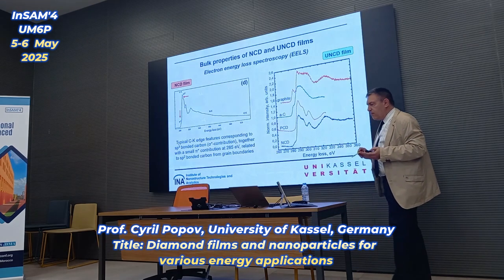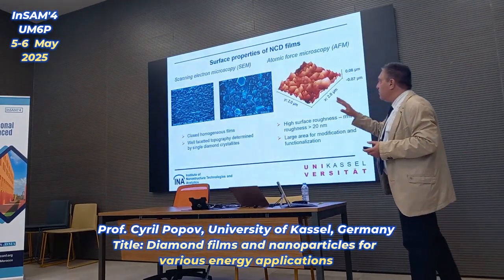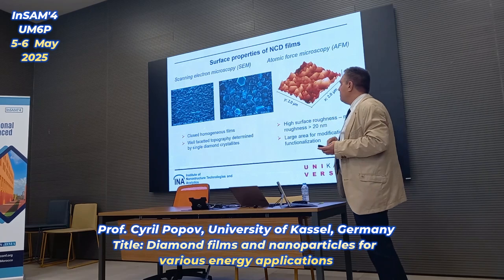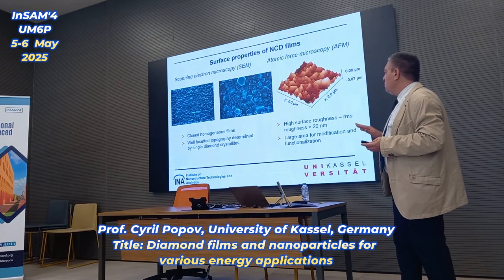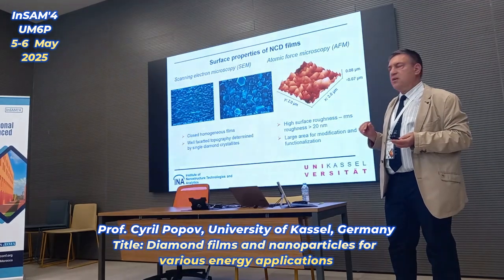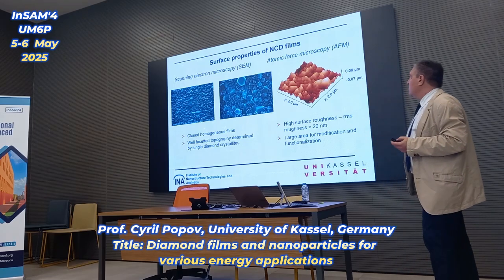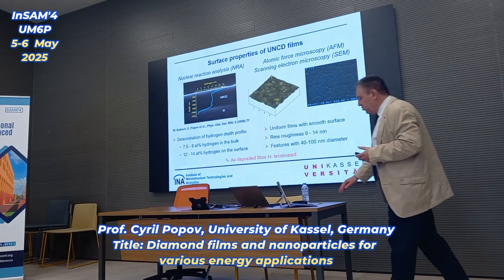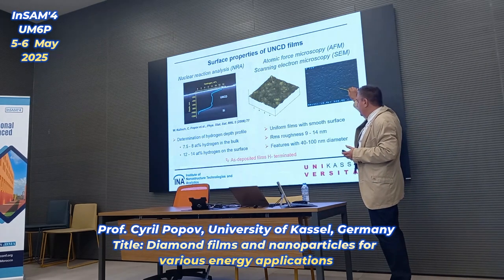The surface I already demonstrated, the surface of the nanocrystalline diamond films dominated by the facets of single grains. The films are closed, uniform, and they are large. As I already mentioned, sometimes it's good, sometimes not. Depends on the applications. In the case of the ultra-nanocrystalline diamond film, the surface is much smoother.